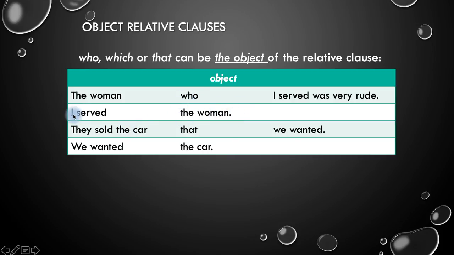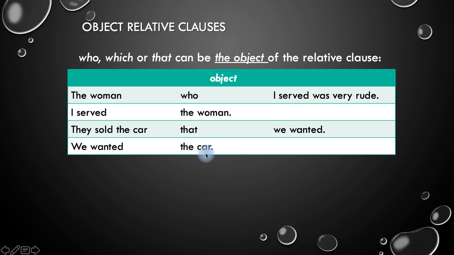I is the subject, served is the verb, the woman is the object. They sold the car that we wanted. We wanted the car. That is the object, because by that we mean the car. We is the subject, wanted is the verb, the car is the object.